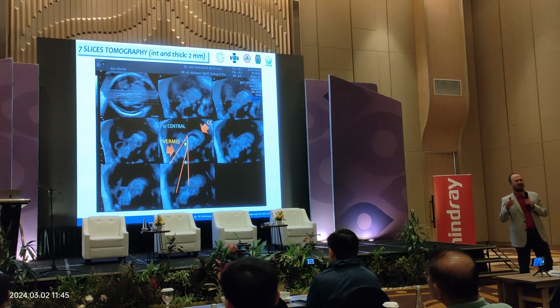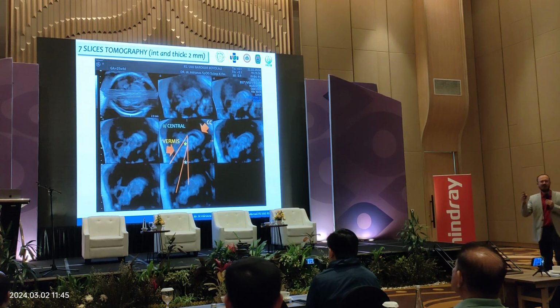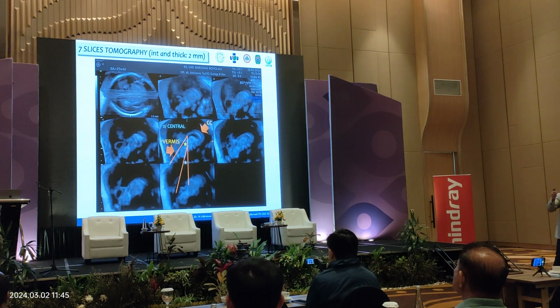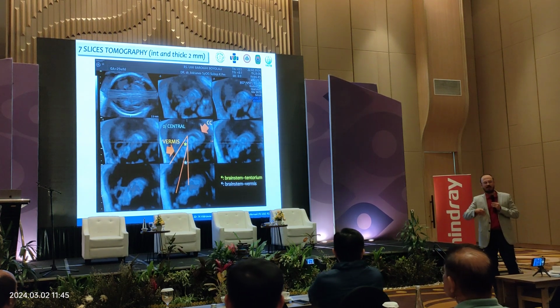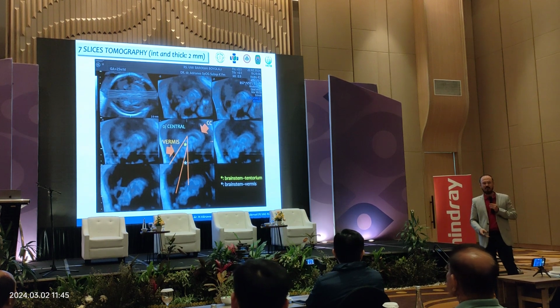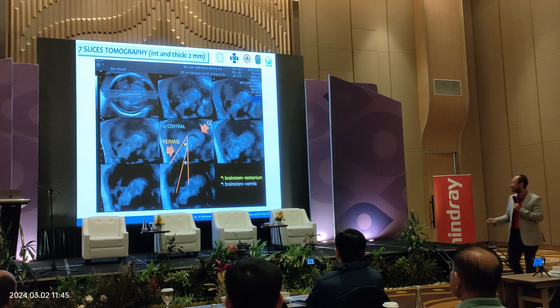Some of you maybe asked me previously, how can we appreciate the angle of the brainstem with the tentorium and brainstem with the vermis, to make sure whether this is a Blake's pouch cyst, a Vernian hypoplasia, or a Dandy-Walker malformation. Okay?